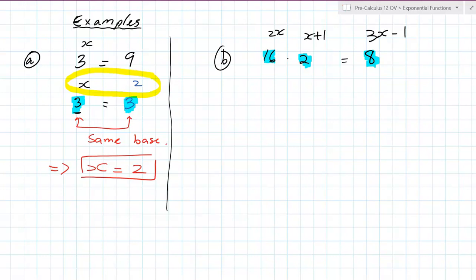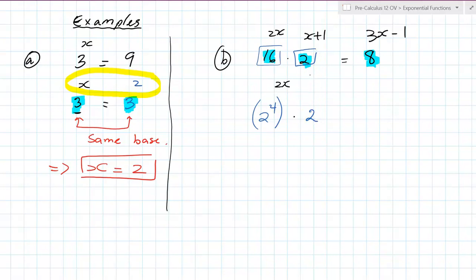So for example, 16 can be written as 2 to the power of 4, and then I'm going to include the 2x on top. Great. Then the next piece, 2 is 2. That doesn't change. This 2 stays the same, and the exponent stays the same.